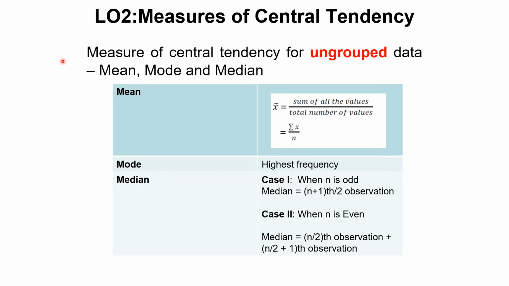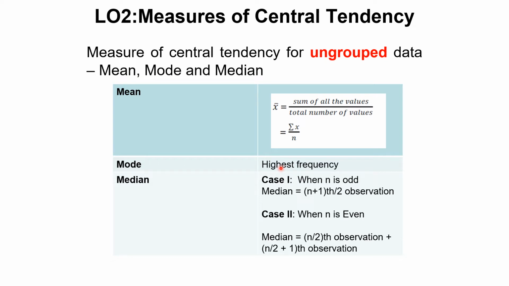For this part, we will look at measures of central tendency for ungrouped data. As a summary, the mean for ungrouped data is just the sum of all the values over the total number of values. This is the arithmetic mean. The mode is the data with the highest frequency, or the data that repeats most often.